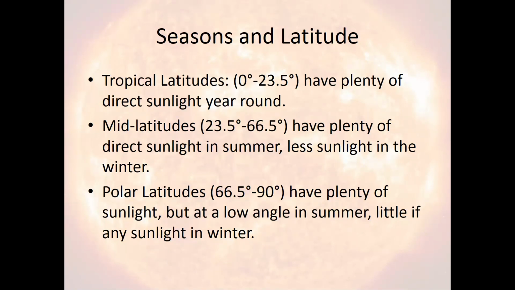And in fact, depending on where you're at, you may even have days where the sun never sets. However, in the wintertime, you get little, if any, sunlight. So you get a very large temperature variation from winter to summer. And in fact, in the next lecture, I'm going to show you an instance where there's one location on Earth where the difference between wintertime and summertime is over 100 degrees in temperature. That is insane when you think about it.